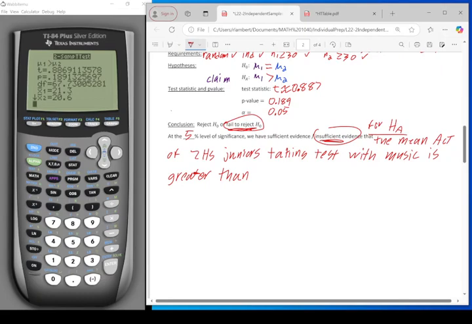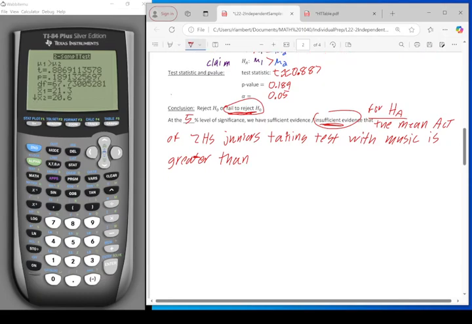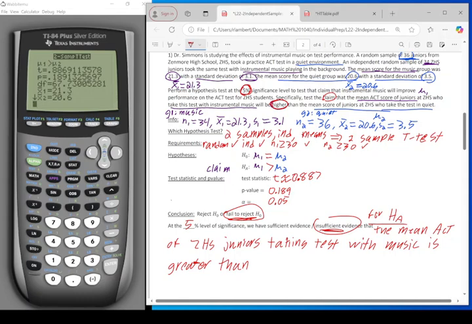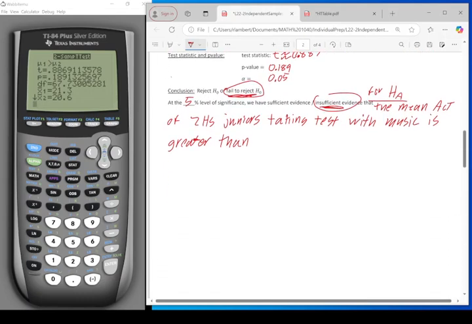We don't have evidence to show that it does. But the study's inconclusive. We're just going to say we don't know if the music does or doesn't.